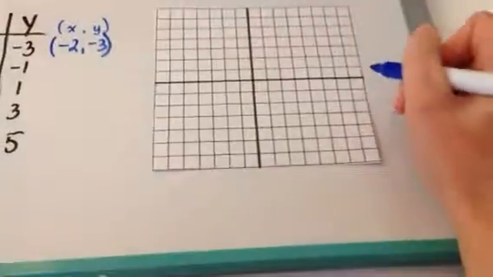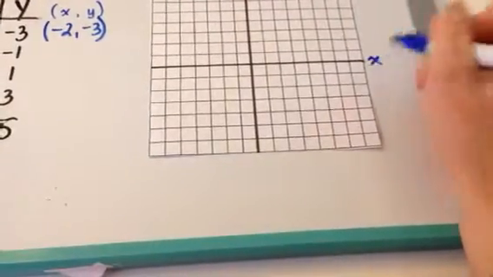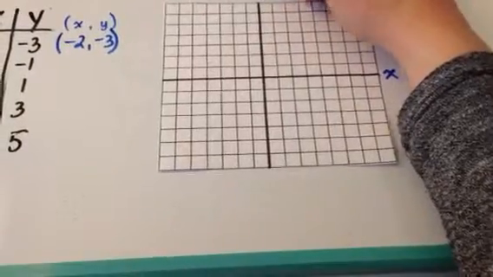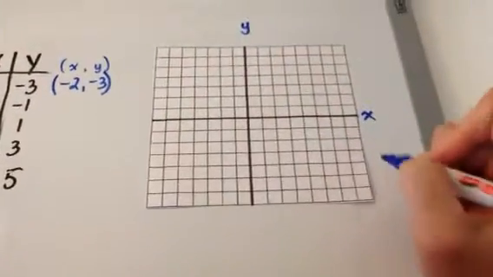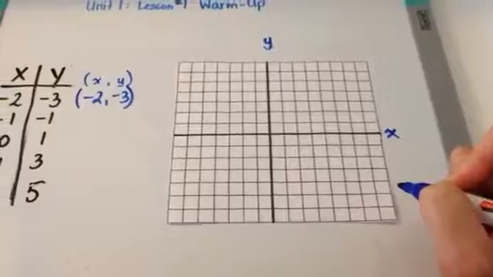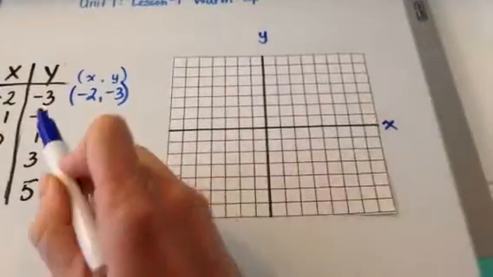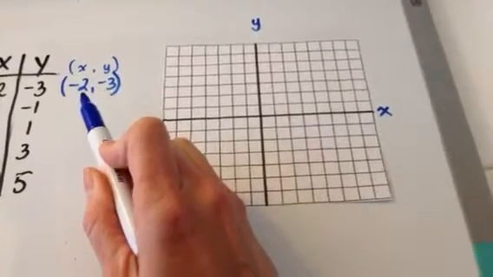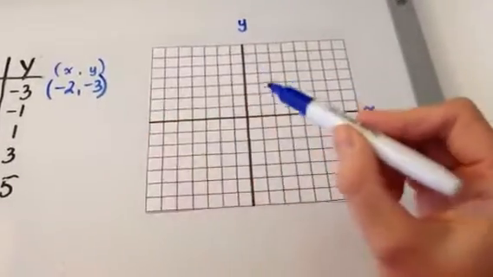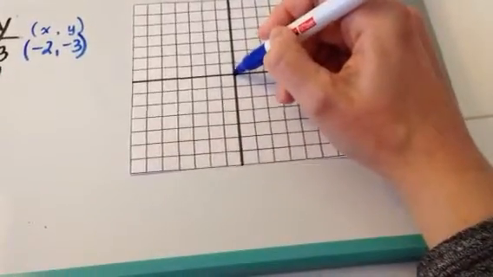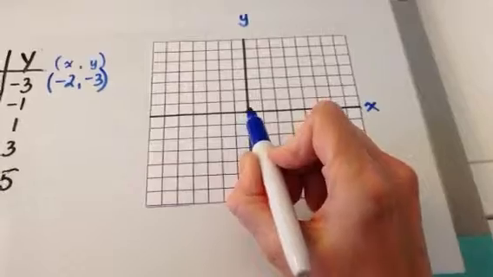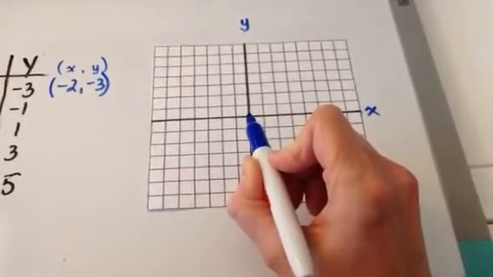Remember that on your graph, your x values are always the horizontal axis and your y values are always the vertical axis. So when we go to plot our points, -2 and -3, we always start with our x value first. So on our graph, where you start is right here in the middle, and this is considered the origin, and it is at 0, 0, at point 0, 0.